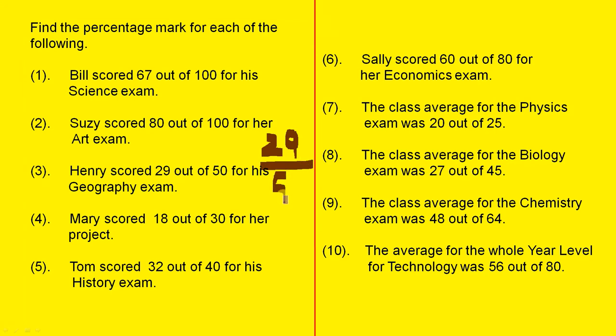Basically, find the equivalent fraction so that the denominator is 100. So for all of these, once you write down the fraction, find the equivalent fraction in each case. So the denominator is 100. Once you've done that, the answer as a percentage is the numerator.